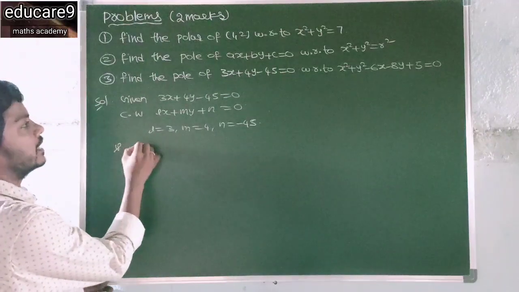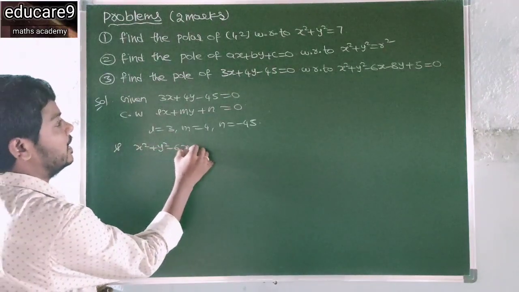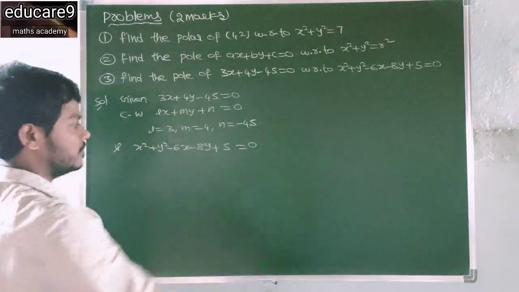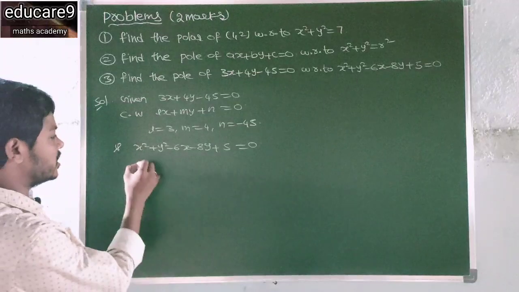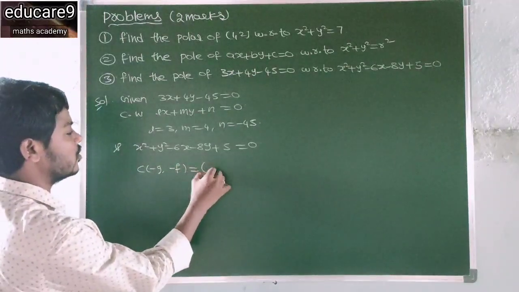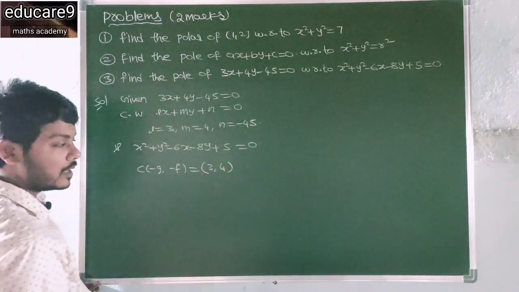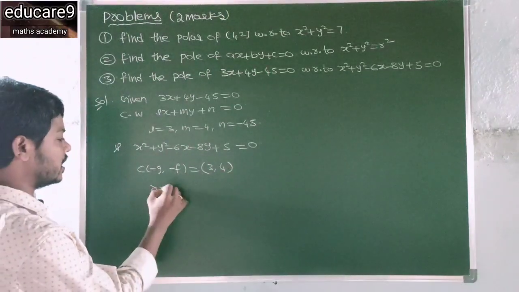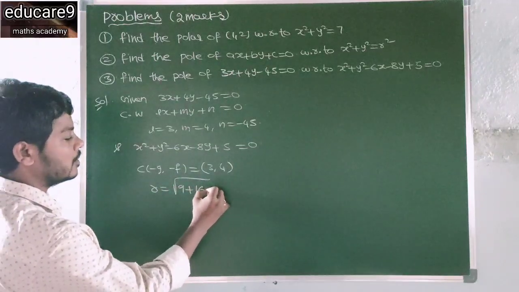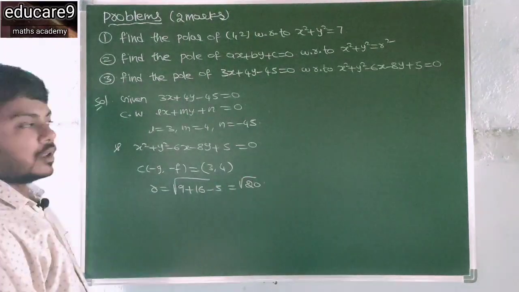And given circle x square plus y square minus 6x minus 8y plus 5 is equal to 0. So what is the center of the circle? Minus g comma minus f is equal to 3 comma 4. And what is the radius of the circle? 9 plus 16 minus 5. So this is root 20.